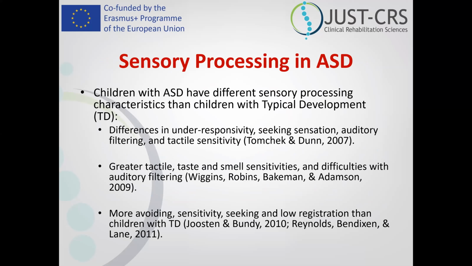In looking into the literature about sensory processing in ASD, the literature confirmed that children with ASD have different sensory processing characteristics than their peers. They show different registration, seeking, auditory filtering, tactile sensitivity, and these have different names than the quadrants that I explained.